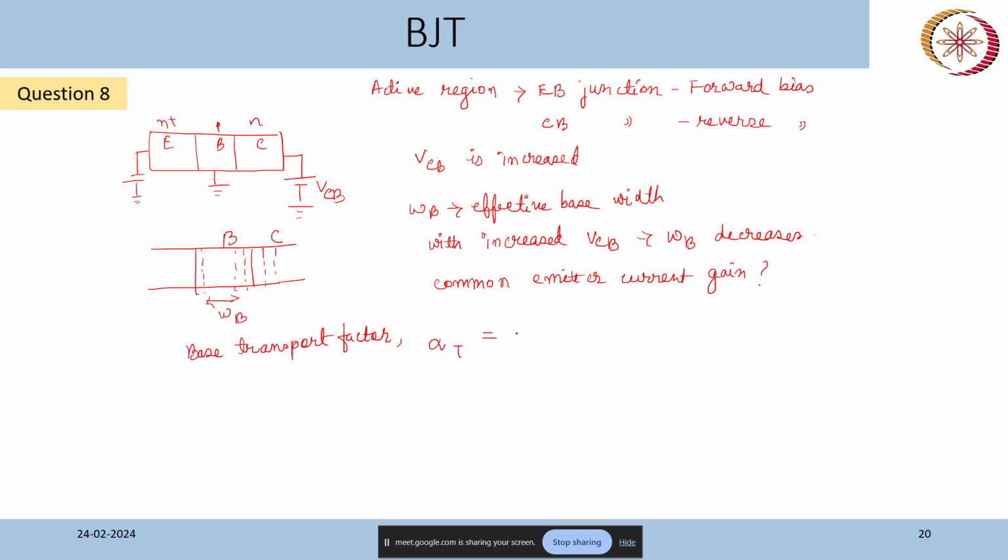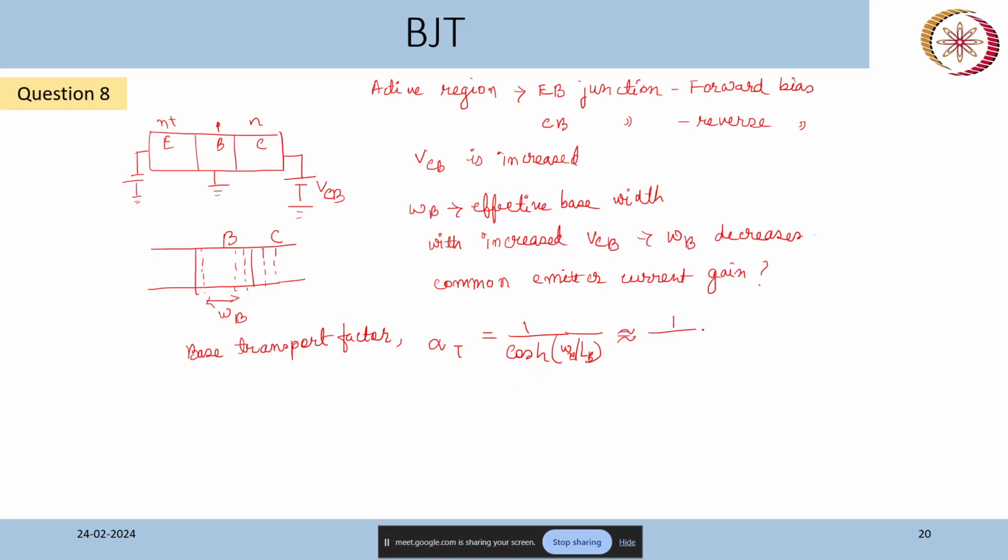It is given as 1 by cosh of W by L. For small values of this term, we can approximately write it using the Taylor expansion for cosh x.